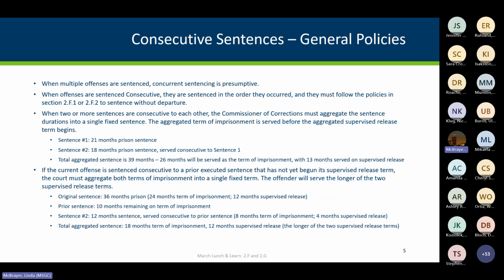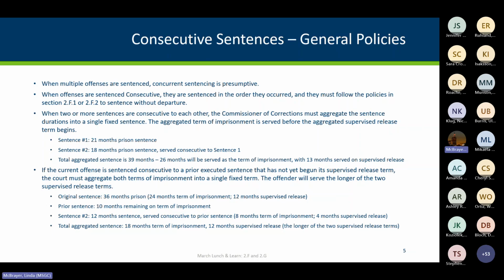Is that going to be more than or less than the presumptive sentence on the grid? That's always what we're looking for with presumptive consecutive. With permissive consecutive, it doesn't matter if the addition is longer than the grid. It's always just going to be how the court felt it was important to impose it.